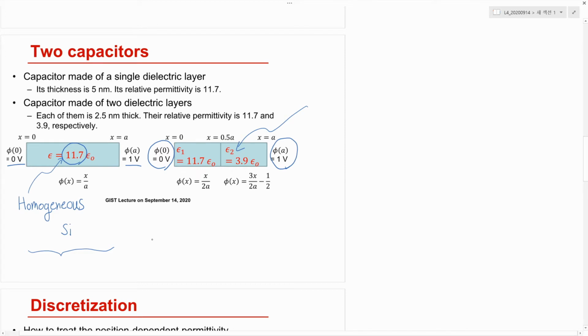In this case, since epsilon is just 11.7 epsilon naught, this is really position independent.